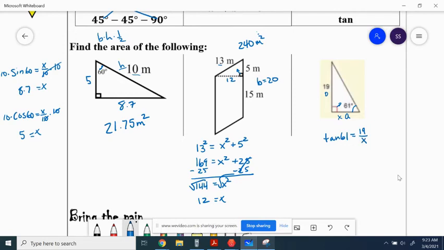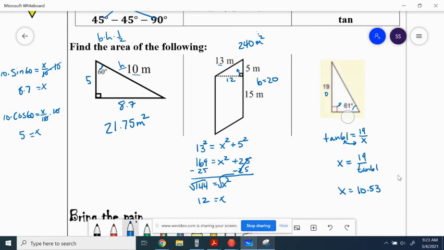We have the variable in the denominator. So what we're going to do is just switch that out. Okay, going to be x is equal to 19 over the tangent of 61. Plug that into your calculator and we get 10.53. Okay, so remember with these problems, we are solving for the area, so we're not done yet.